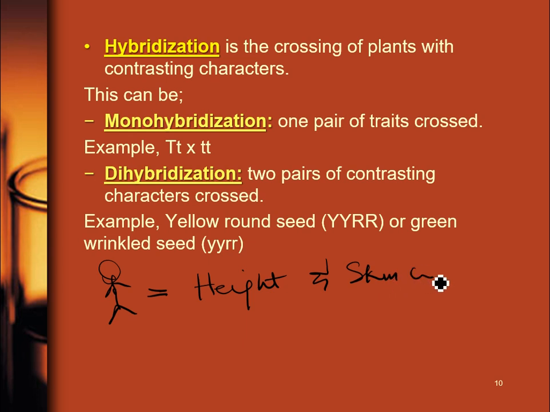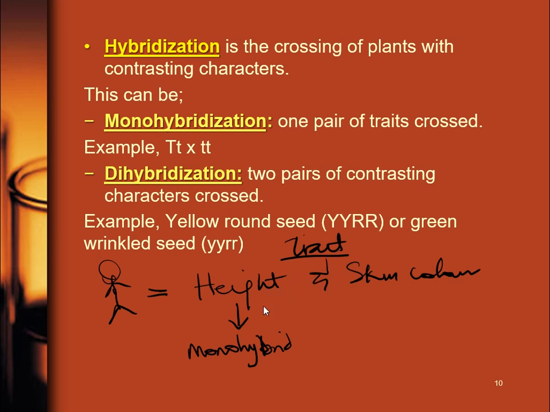Let's use skin color. Now this man's height is what we refer to as a monohybrid. Why is it called monohybrid? Monohybrid means that you are referring to one trait. The trait here is height.